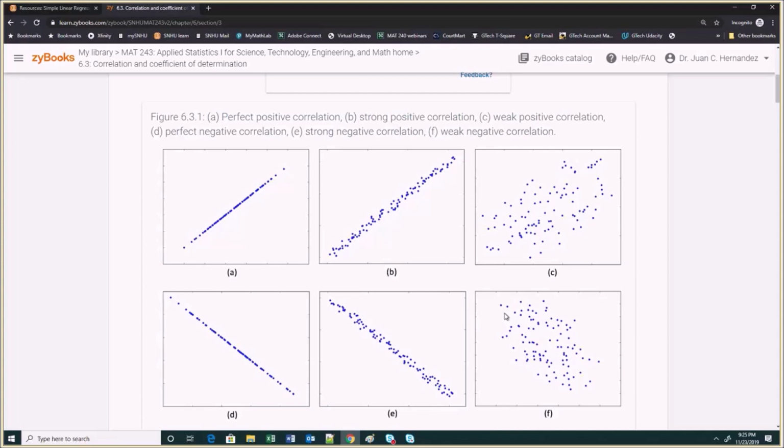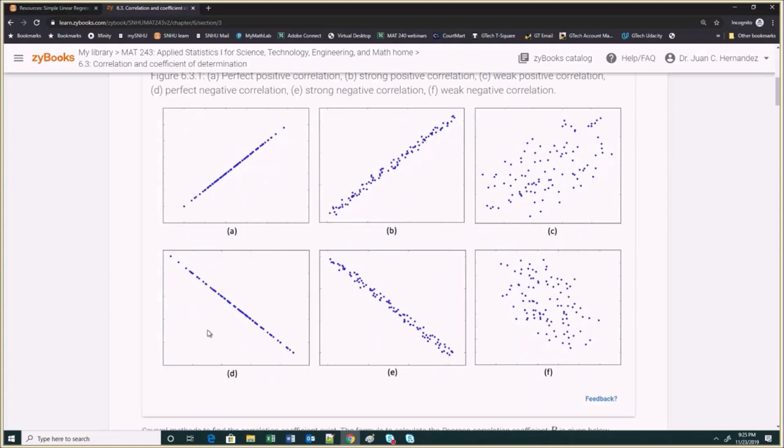And similarly in D, you'll notice that again we have a perfect correlation. All the data points are pretty much following a line, although in this case you have a negative correlation because as the value of one variable increases, the value of the dependent variable is decreasing.